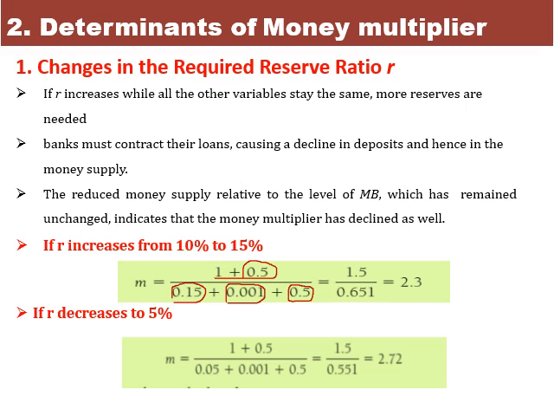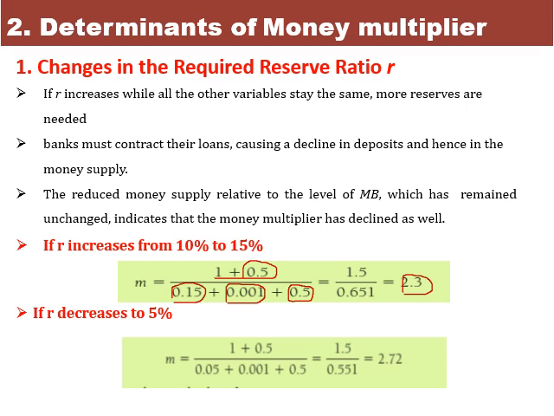Based on these values, the value of the money multiplier is 2.3. As we can see, when the required reserve ratio increases from 10 to 15%, the value of the money multiplier decreases from 2.5 to 2.3.